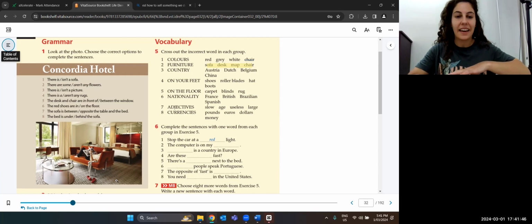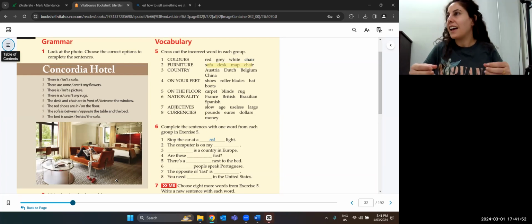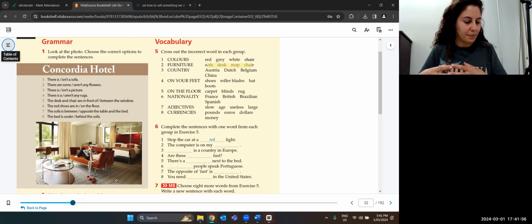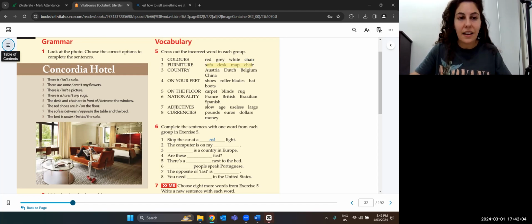Remember, carpet is like the full space of the floor, but a rug is like just a little one that's on top of the floorboards, on top of the tiles. So are there any rugs in this room? Sorry?